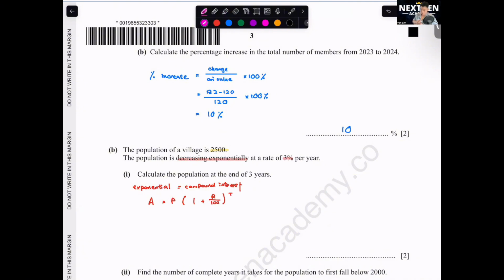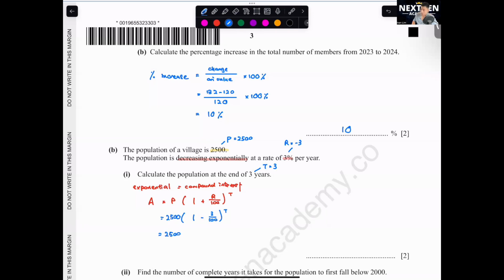What are the values that we want? P is your original, your principal value. Decrease exponentially, so that means R is equal to -3. Time is equal to 3. We substitute in: P bracket 1 minus 3 over 100 to the power of T. P is 2,500.